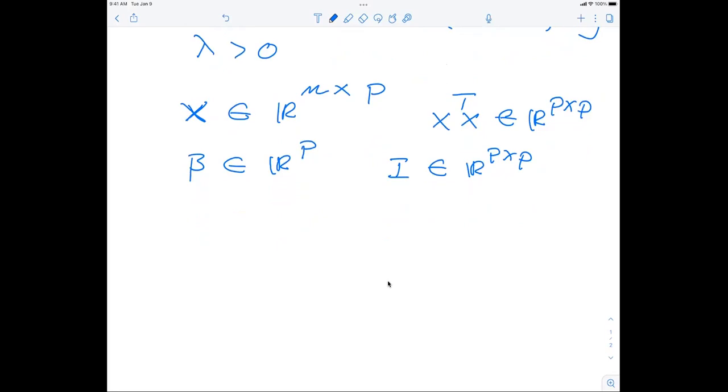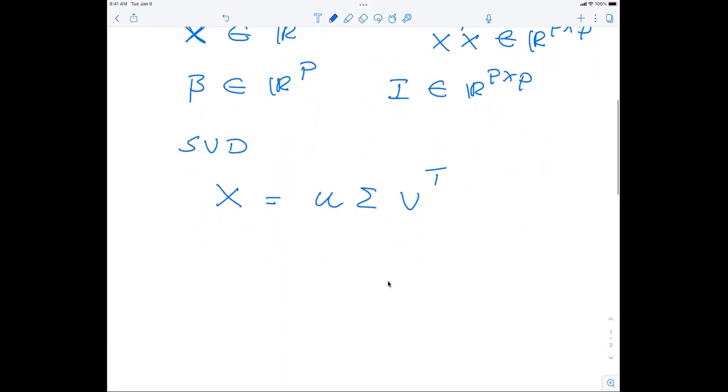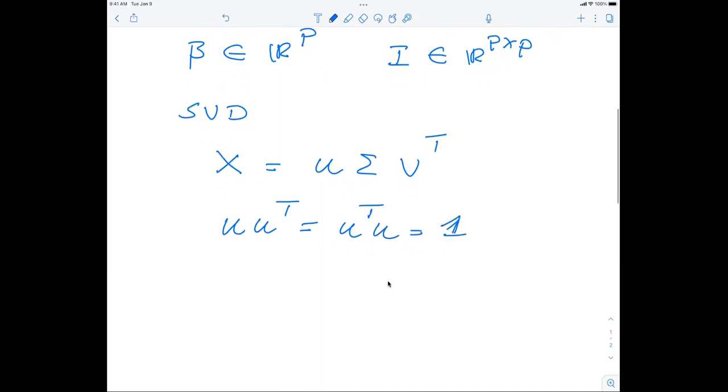So when I now perform the SVD decomposition of the design matrix X, I can rewrite it as a matrix U, and then I have the singular values multiplied with the matrix V transpose. In our case now, U is an orthogonal matrix, which means that U transpose times U is equal to the identity matrix, so ones along the diagonal, which means that the transpose is the inverse of the matrix.